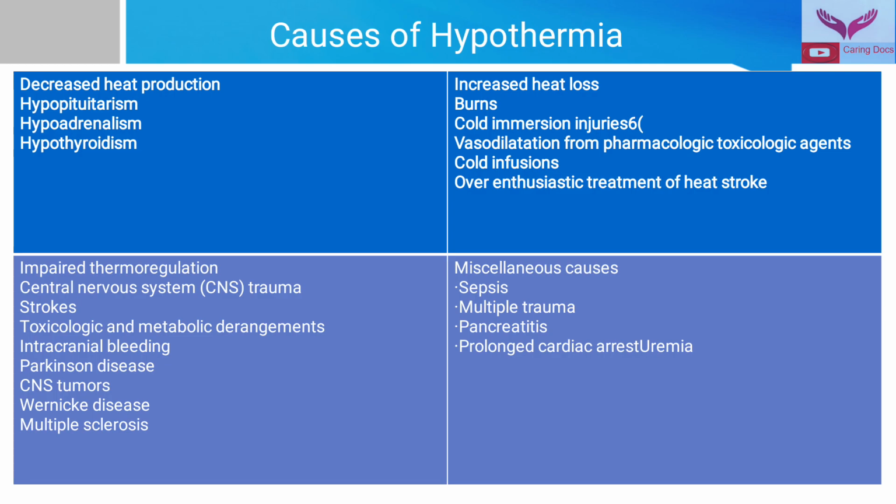The causes which can lead to heat loss are burns, cold immersion injuries, vasodilatation from pharmacological or toxicological agents, cold infusions, and over enthusiastic treatment of heat stroke. There are some miscellaneous causes that can also cause hypothermia, like sepsis, multiple trauma, pancreatitis, prolonged cardiac arrest, or uremia.